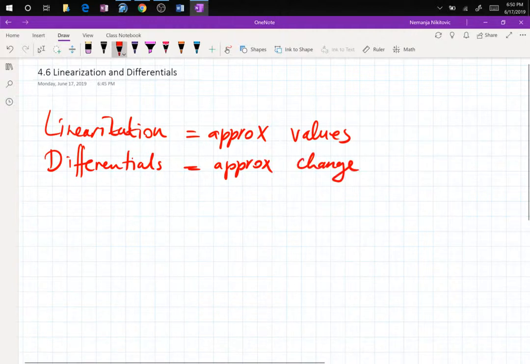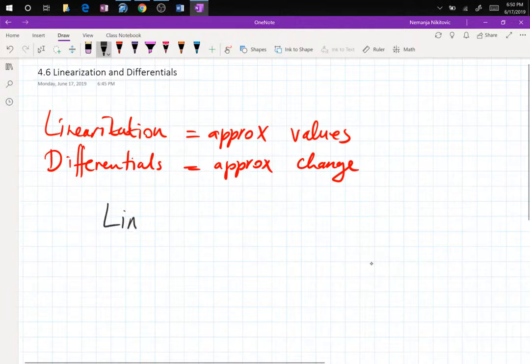These are not the same concepts. They could be used to calculate the same things, but they do it very differently, and fundamentally they are different things. So they are both approximating, but they are approximating, as you can see, different things.